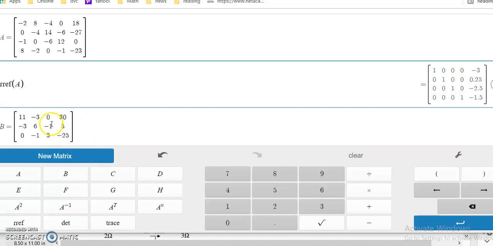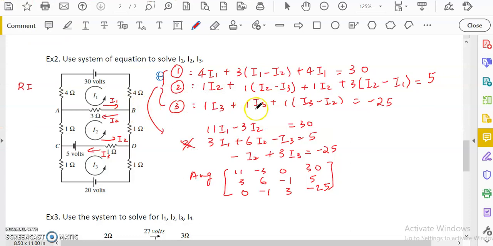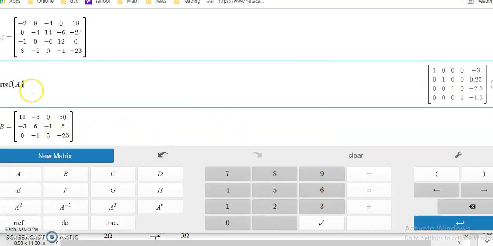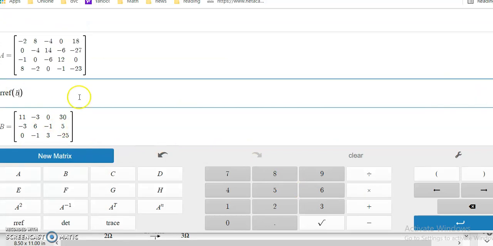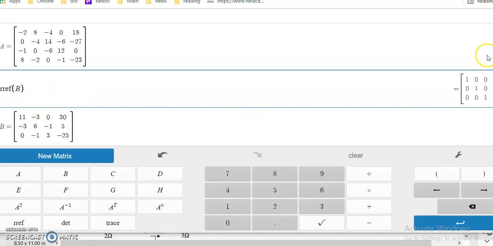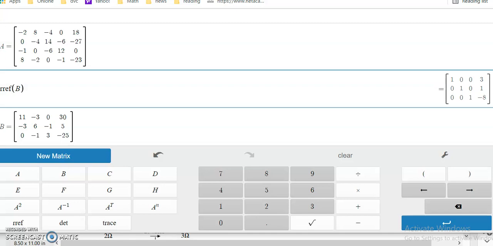Right, and then 0, -1, 3, -25. And I do a reduced row echelon form for B. Oops, no, lowercase, should be uppercase. So you can see that, let me put it over.